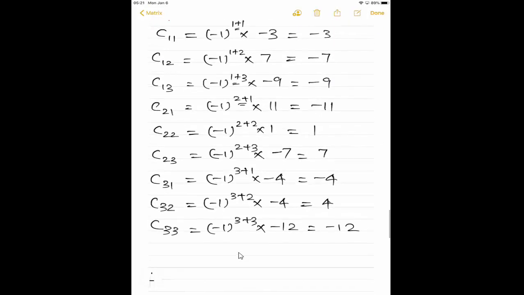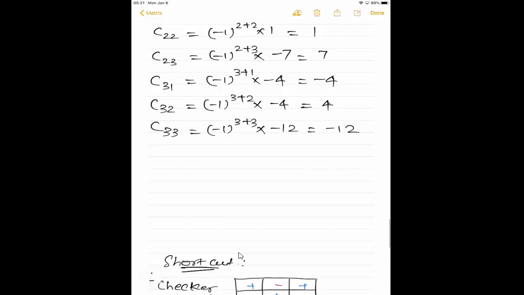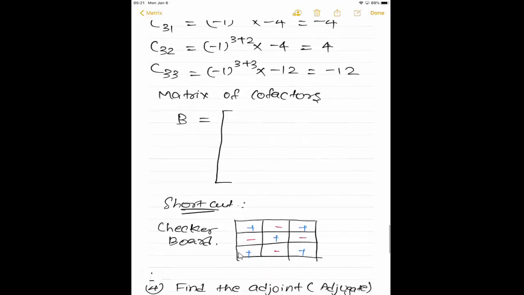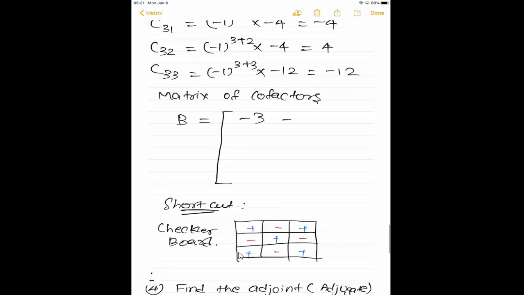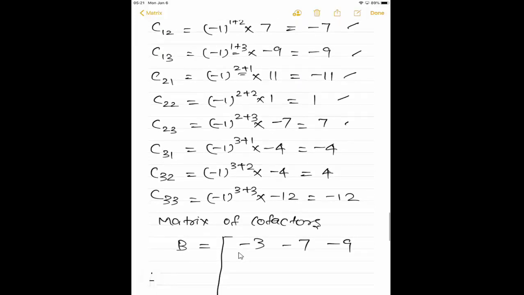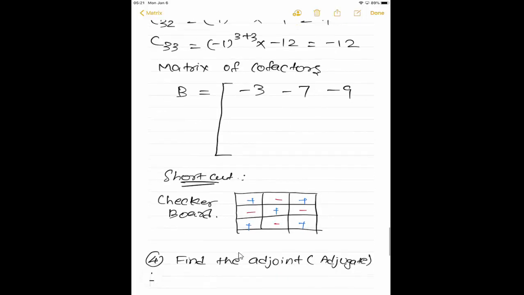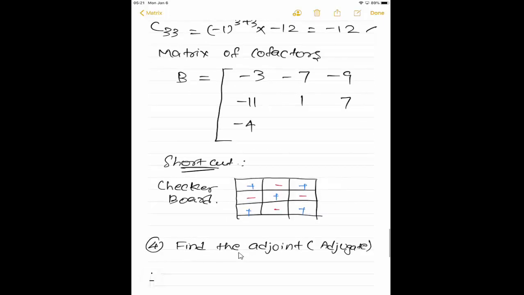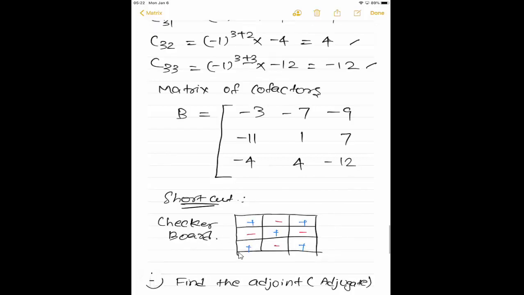We found the cofactor for each value. Now the matrix of cofactors, a new matrix we found, so let me call it B. We have to write the values minus 3, minus 7, minus 9, then minus 11, 1, 7, then minus 4, 4, minus 12.